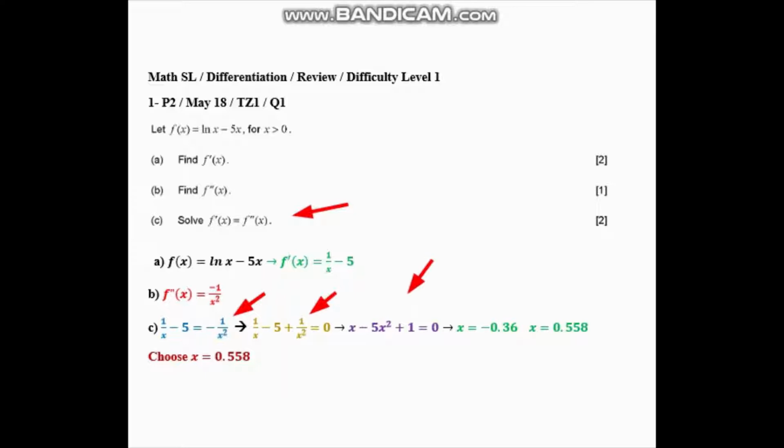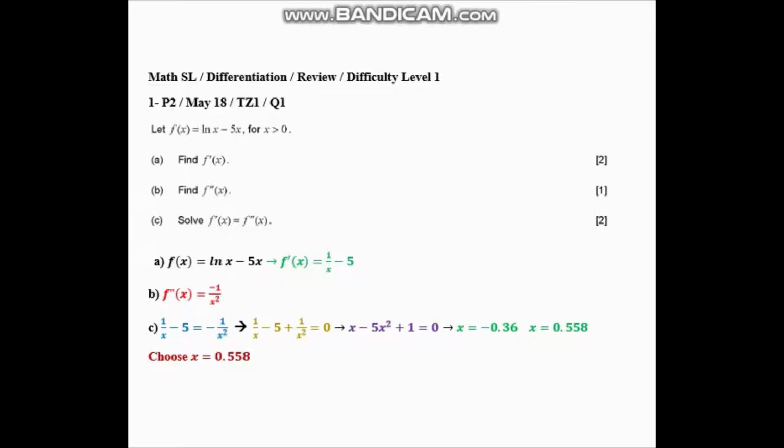Then I multiplied by x squared for the 3 terms. So 1 over x times x squared gave me x, negative 5 times x squared gave me negative 5x squared, 1 over x squared times x squared gave me 1. Finally, I can solve this purple equation either using the quadratic formula or the GDC.